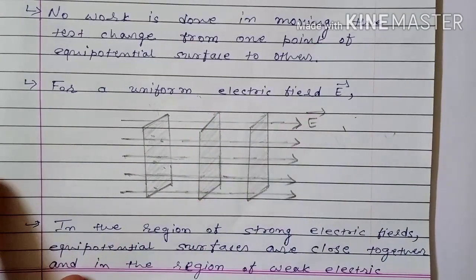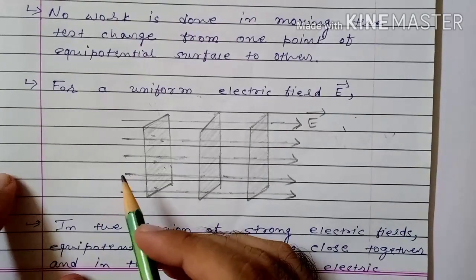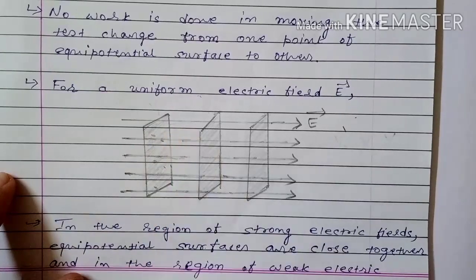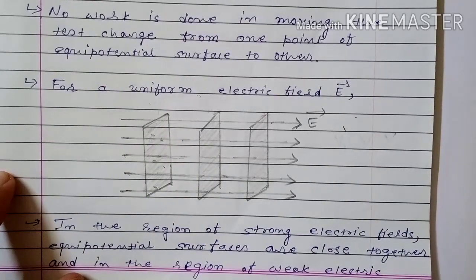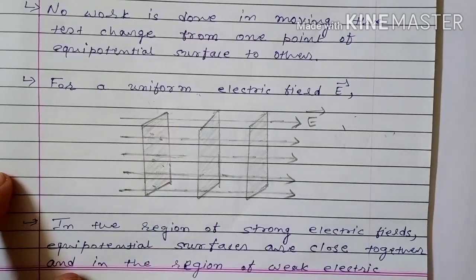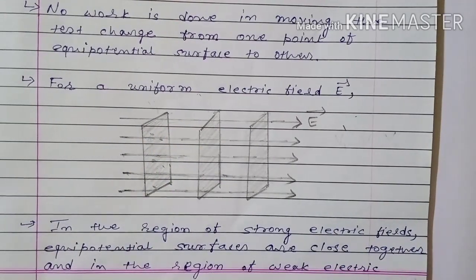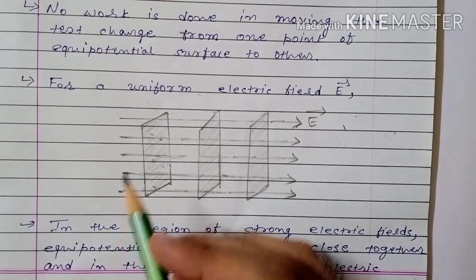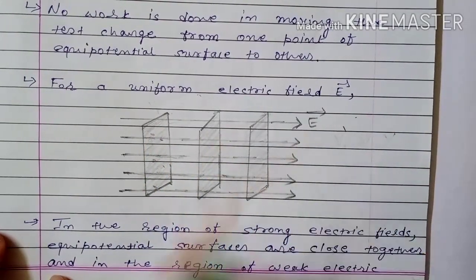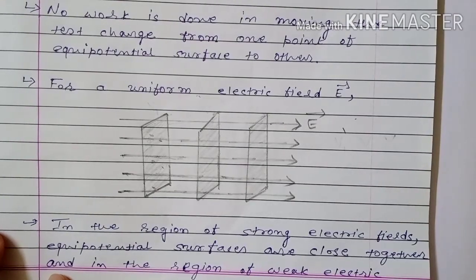For uniform electric field E vector, what will be the shape of equipotential surface? As we know, electric field is always perpendicular to the equipotential surface. So we have to consider planes perpendicular to the direction of electric field. Here I have considered these planes which are perpendicular to the direction of electric field.